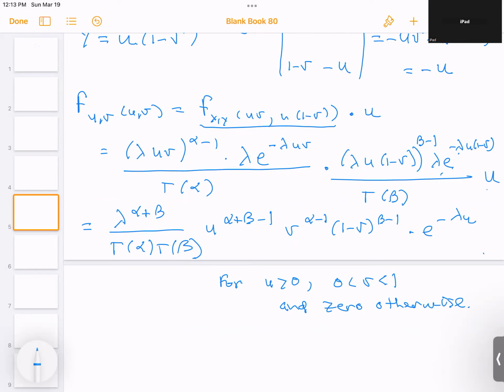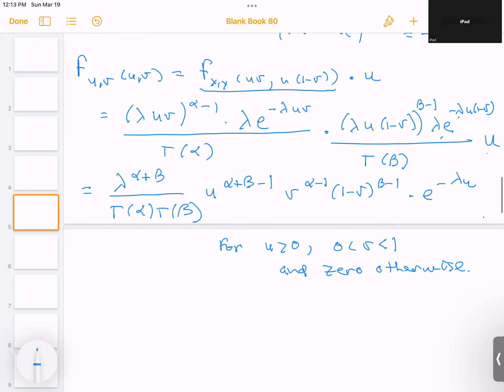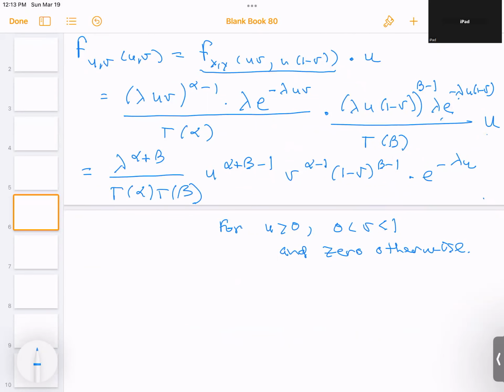Thing to do next is, say we want to see the marginal distribution of V, the ratio of X to the sum, then we have to integrate out U. We should do this. So to get the distribution for just V, we want the marginal distribution.